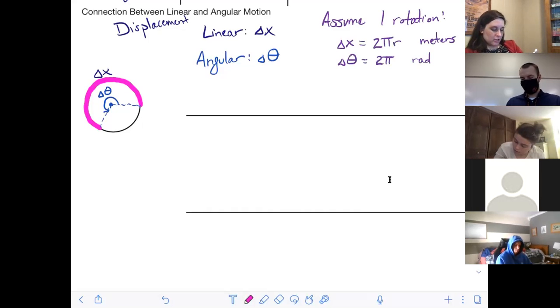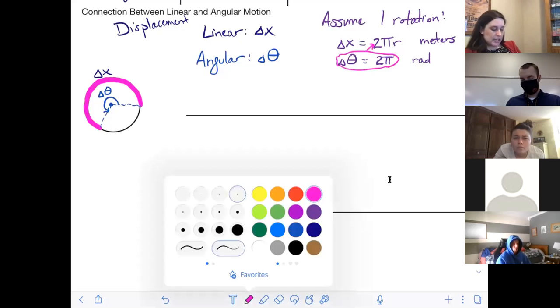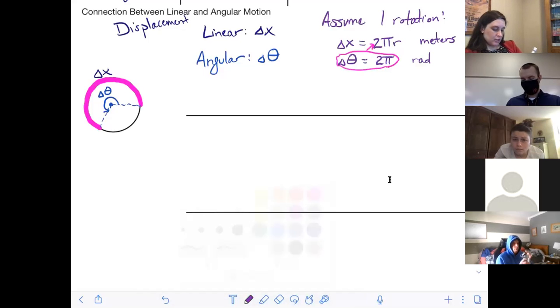And if you look, we could substitute our angle into our linear displacement, and it would yield delta x equals delta theta times r.